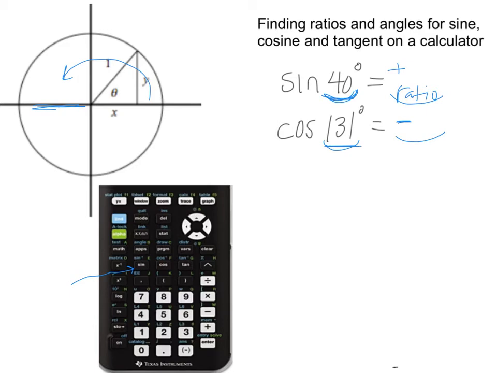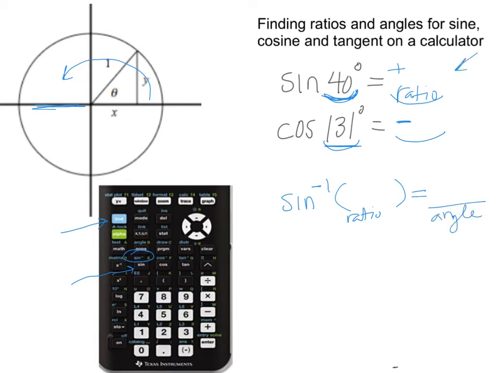Now, if I've been given the ratio for a function, then I'm going to add this piece to it, and I'm going to use the function that's right above the sine, cosine, and tangent keys. So in other words, the inverse sine of a ratio will equal an angle.